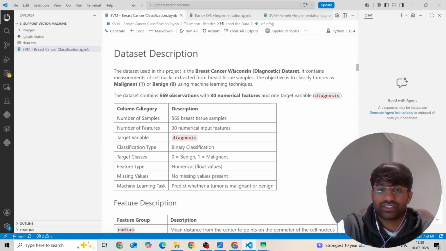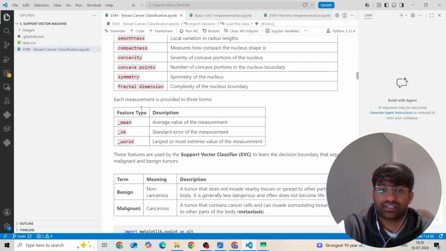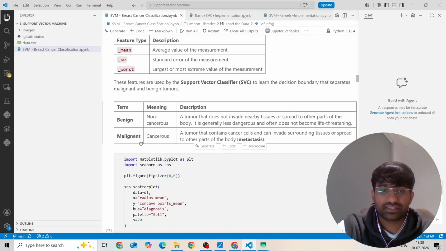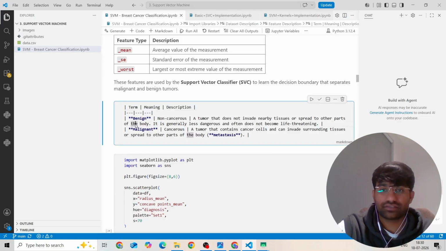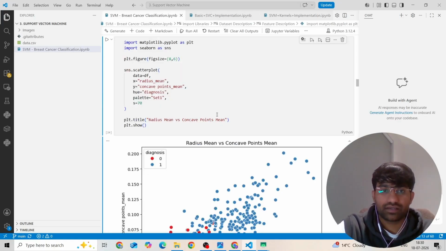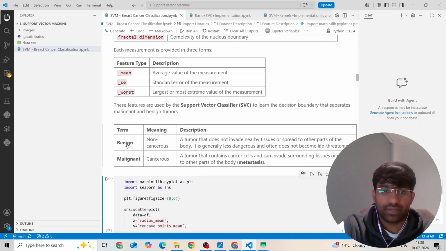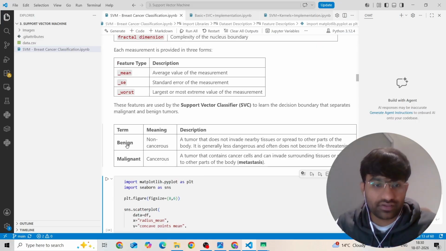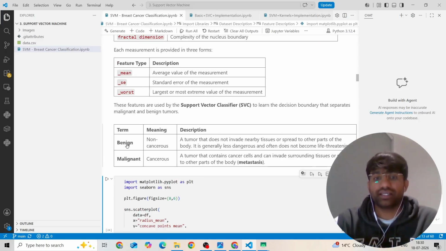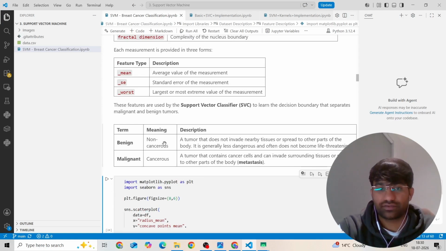In medical terms, these are medical terms, benign. Sorry if my pronunciation is wrong. Benign means non-cancer. A tumor is not detected in the tissue.